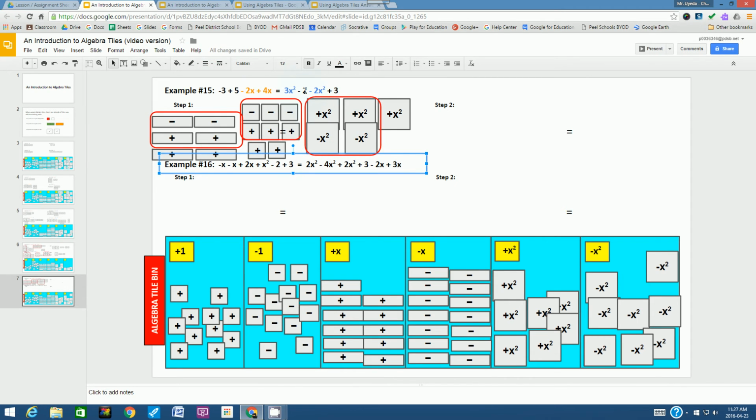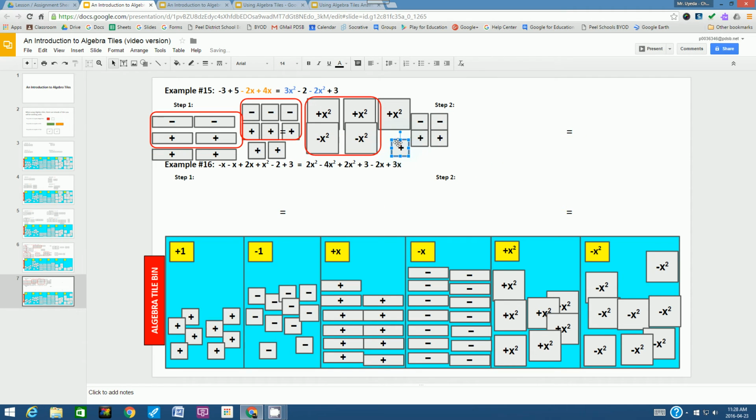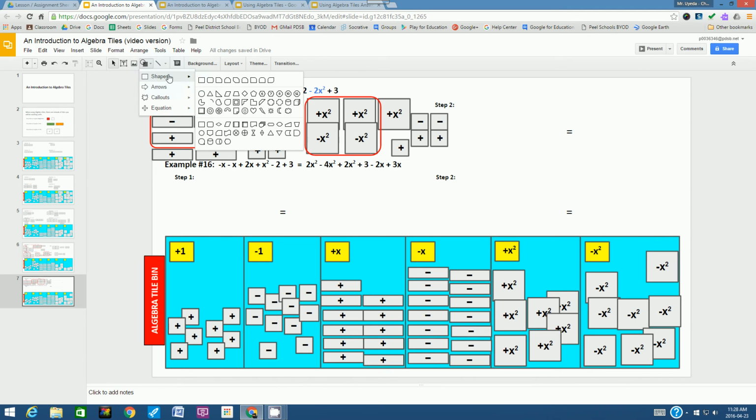And then I'm going to focus on my integers. And I know I don't have a lot of room. I'm going to start with -2. And then I'm going to build my +3. Now, as you do that, hopefully you realize that there are 2 zero models created with the positive and negative tiles.